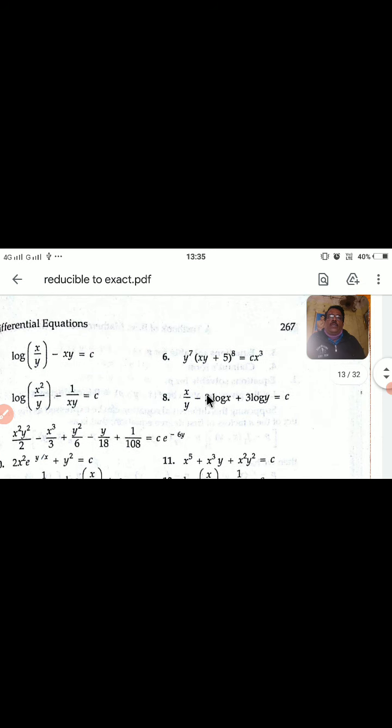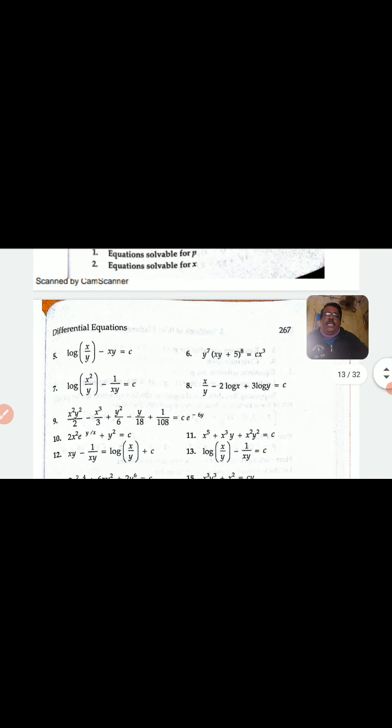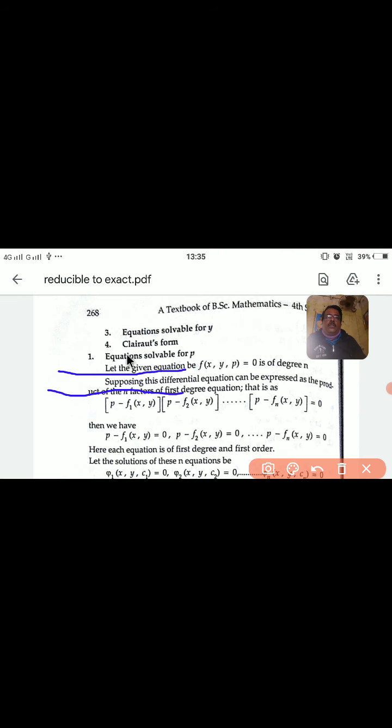Next, equations solvable for y, and then Clairaut's equations. So these are the four types of equations. They are known as equations of first order and higher degree.